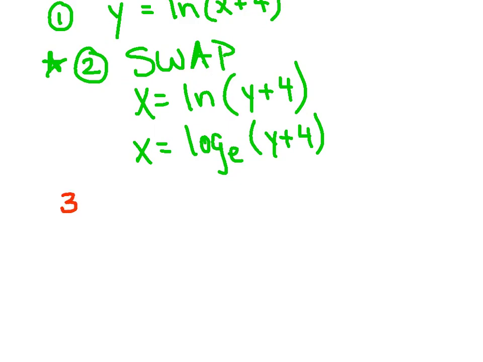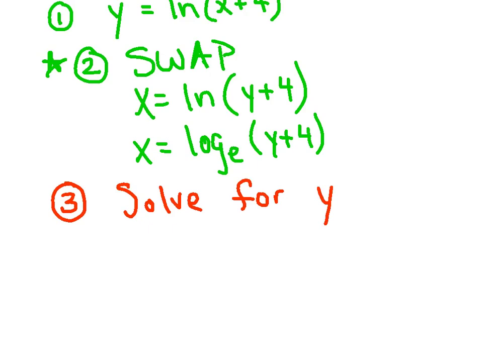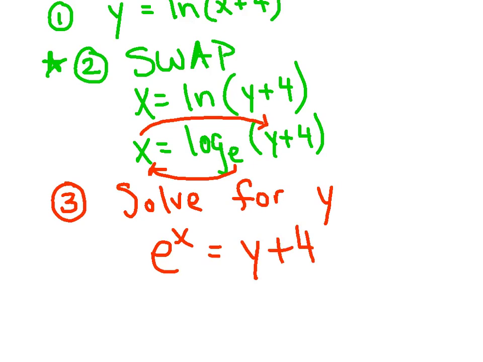Because step 3 says we're now going to solve for y. Okay, in other words, we're going to convert it from logarithmic form into exponential, and we're going to say e raised to the x power equals the quantity y plus 4. e to the x equals the quantity y plus 4. One more little itty-bitty step, we'll subtract the 4 over.